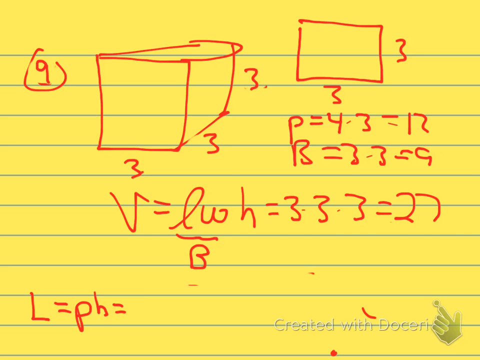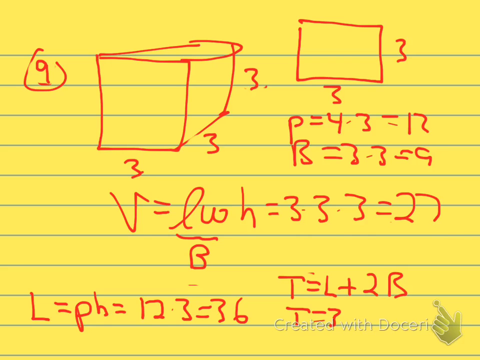Perimeter times height would be 12 times 3, which is 36. The total surface area, T, is the lateral plus 2 bases. So that's the lateral, which is 36, plus 2 times 9, which is 18. And that's going to give you 54 for your total surface area.